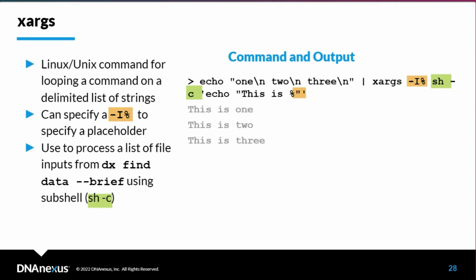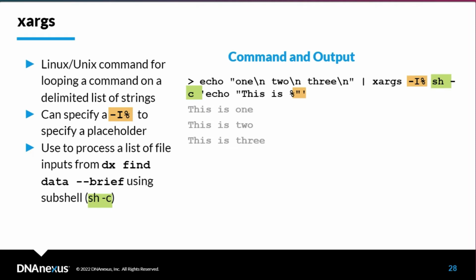This is a recipe that I use all the time. This first part is a placeholder. It's going to loop through each of these, so the first iteration is going to be 1, and the second iteration is 2. And then we're going to open a subshell. That part is in green here.